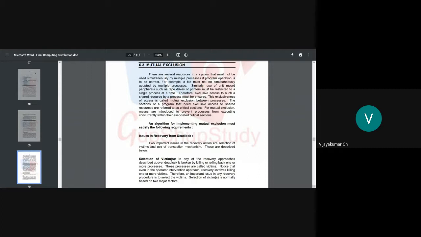So there are several resources available in a system, and they shouldn't be used at a time by multiple processes, if program operation is to be correct. Example: a file must not be simultaneously updated by multiple processes.